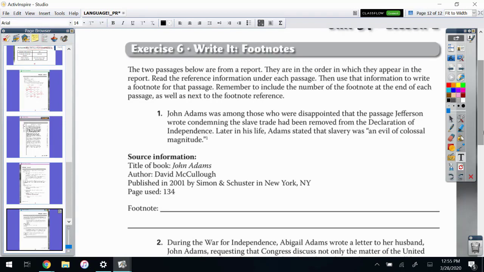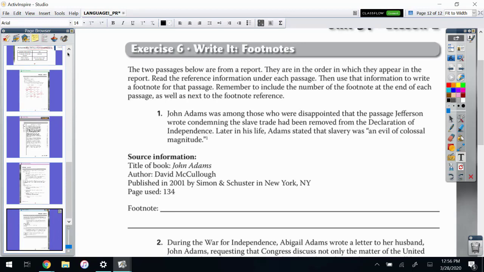Read the reference information under each passage. Then use that information to write a footnote for that passage. Remember to include the number of the footnote at the end of each passage as well as next to the footnote reference. So what we just did in the last section, you're going to actually create those references here.